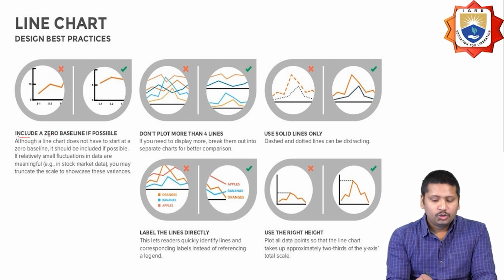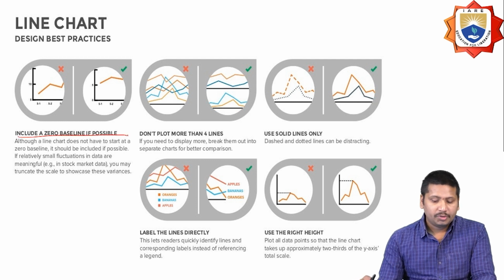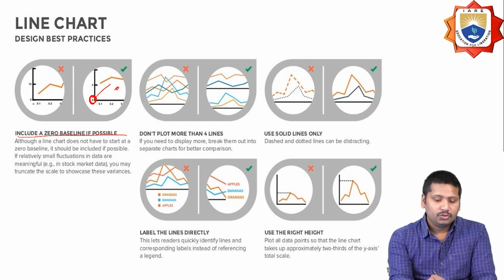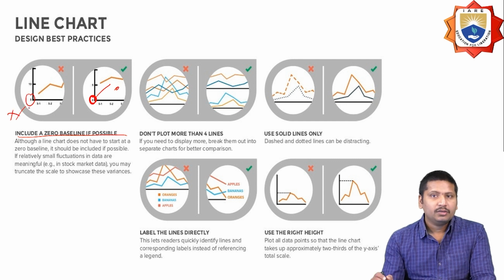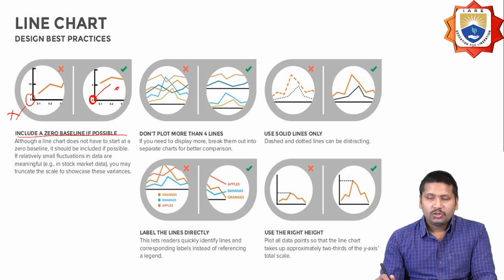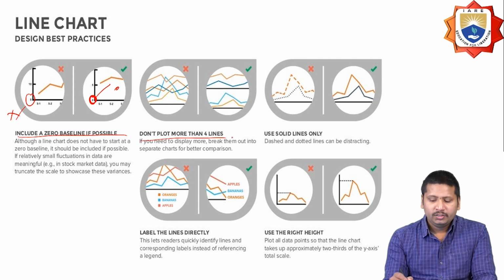Include a zero in the baseline if possible. For the line chart we are giving, the axis is important. All the time the axis should start at zero and should not specify something else at the axis point. Don't plot more than 4 lines.